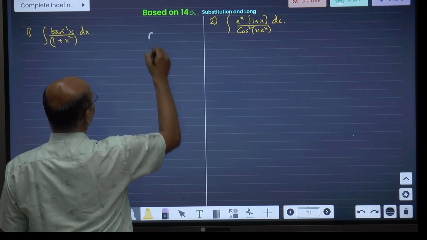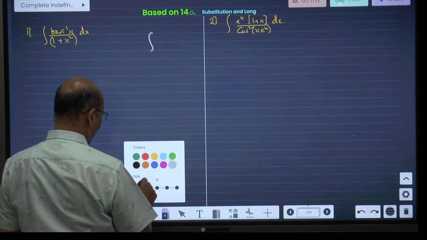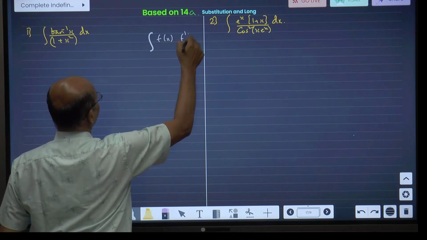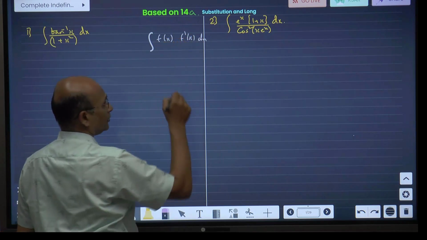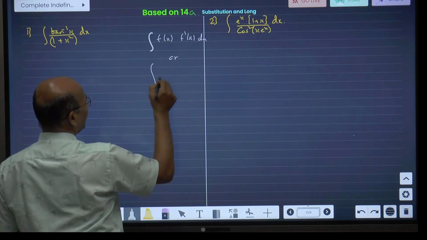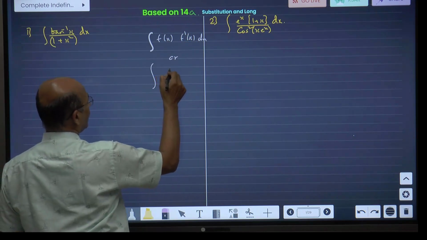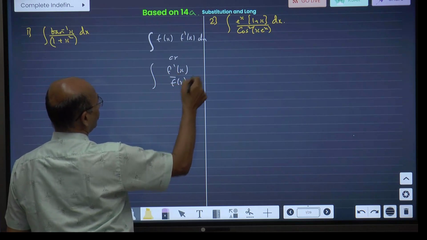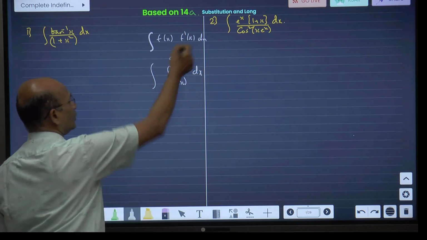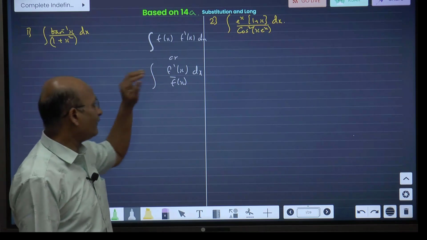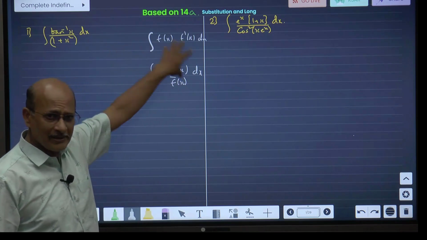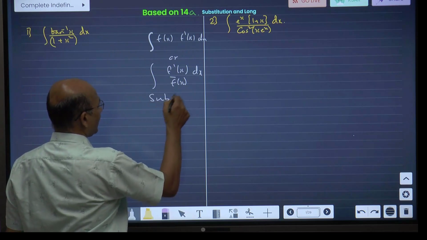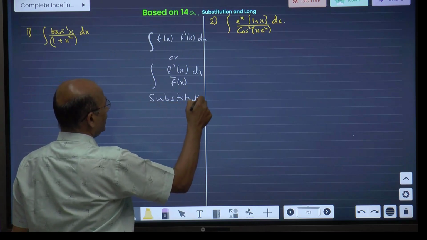Whenever in the integrand the function is there and its derivative is also there, I mean to say in quotient form or product form, then you compulsorily do integration by substitution.